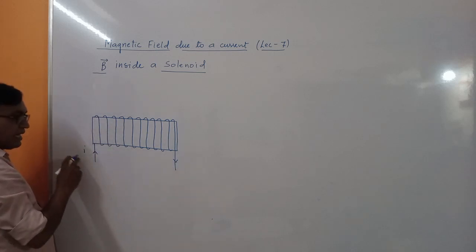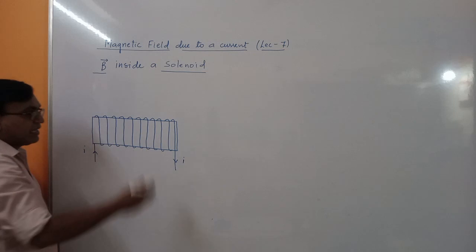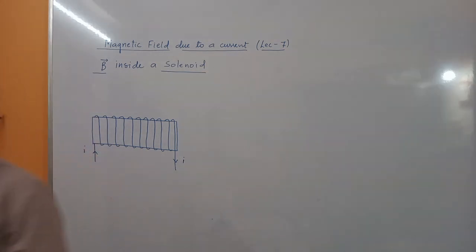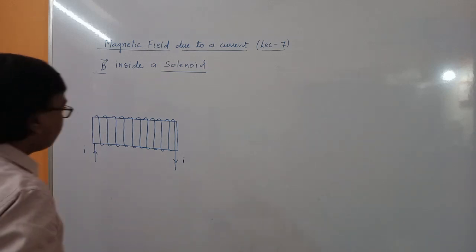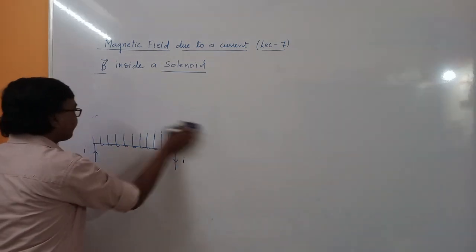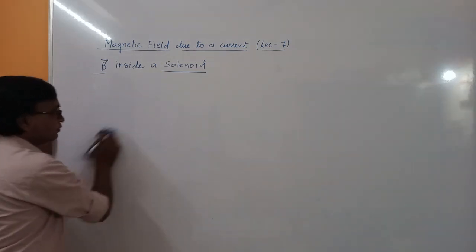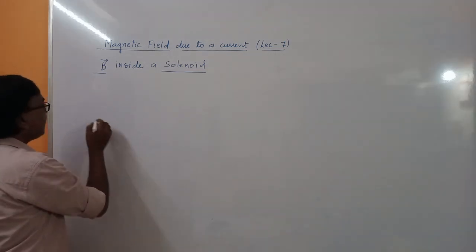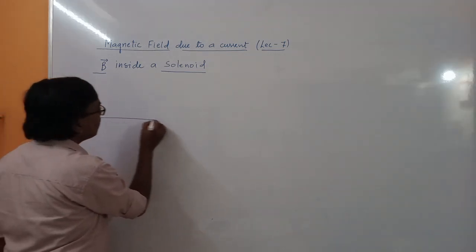So this is current I entering, this current I is coming out. Fine. So it is a little bit tilted, so let us draw it straight.